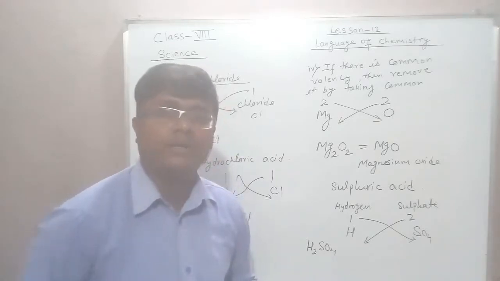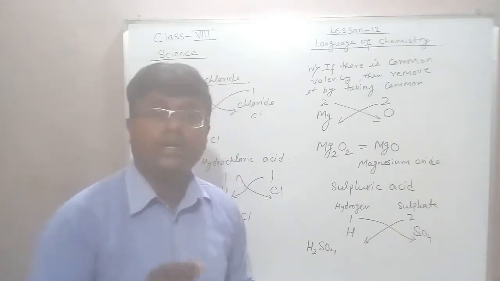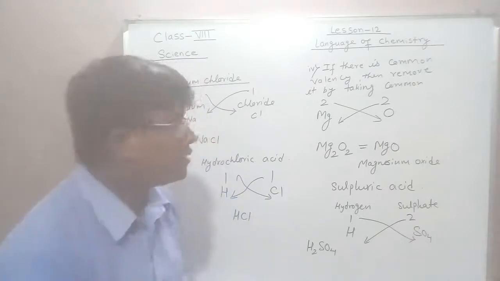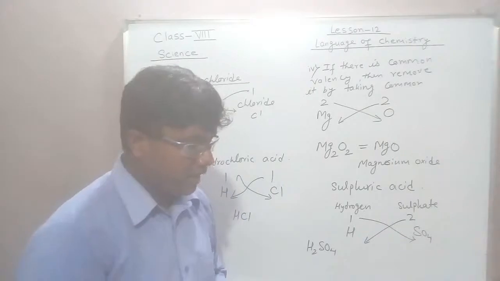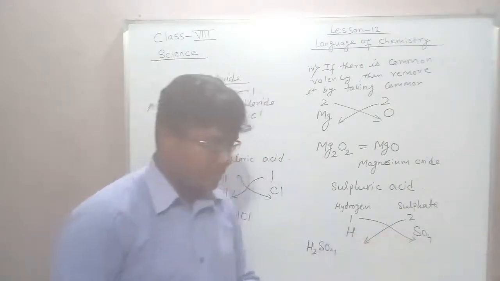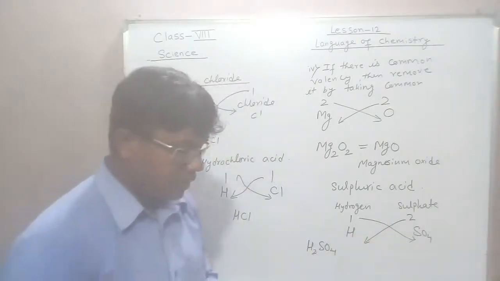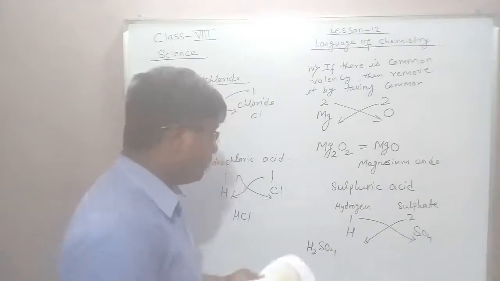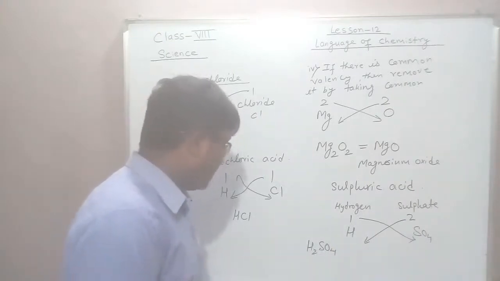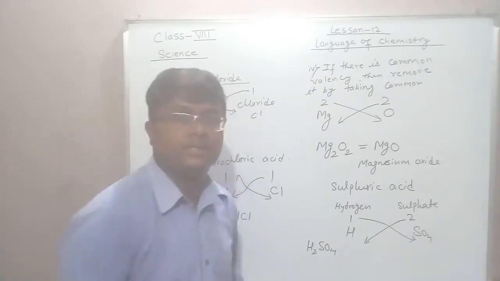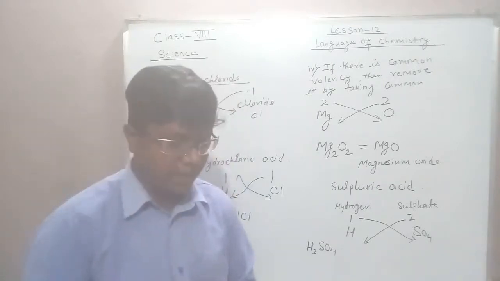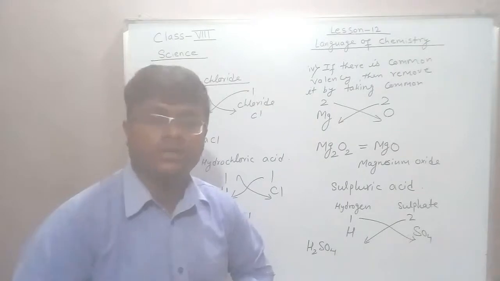Sulfate: its valency is 2. Phosphate, PO4: its valency is 3. You can see the names of radicals and their valencies. Please refer to your book and read it also.